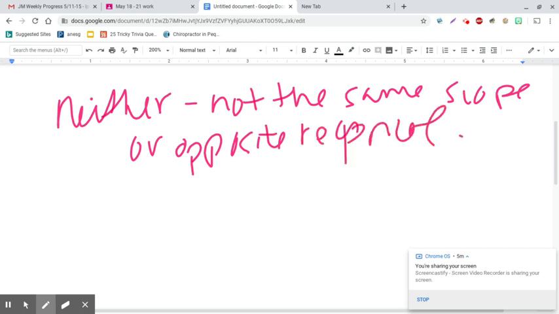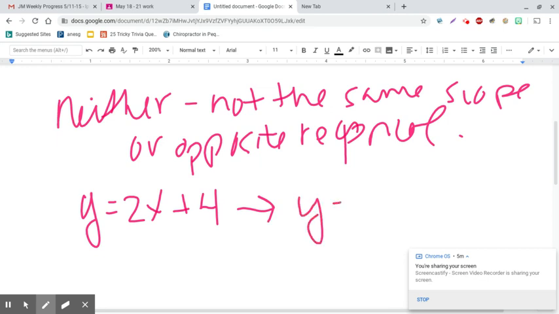Okay? So, y equals 2x plus 4. Now, if I gave you a line that had a slope of 2, it would have to be parallel. If I gave you a slope of negative 1/2, it would have to be perpendicular. So if you give me anything besides 2 or negative 1/2, it's going to be neither.